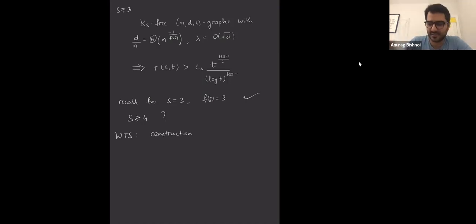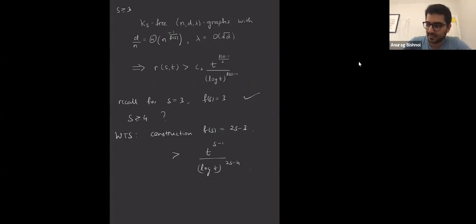Construction as an explicit or non-explicit doesn't matter. Some construction where f of s is equal to 2s minus 3. Because if you plug in 2s minus 3 over there, you get a lower bound of the form t to the s minus 1 divided by log t to the power 2s minus 4.